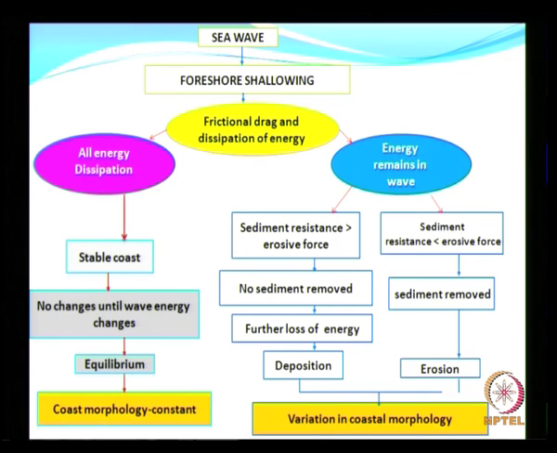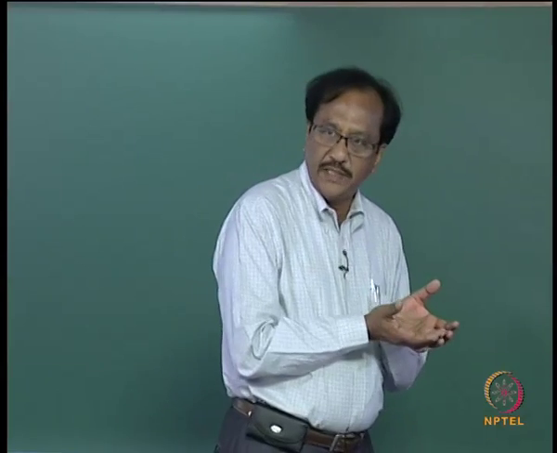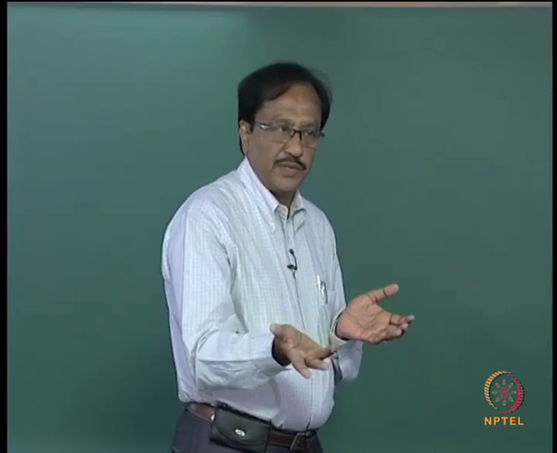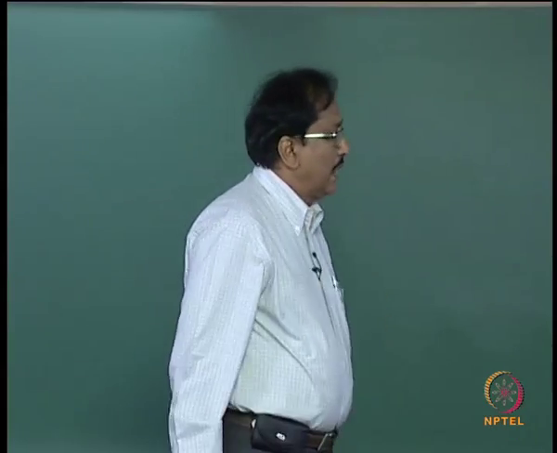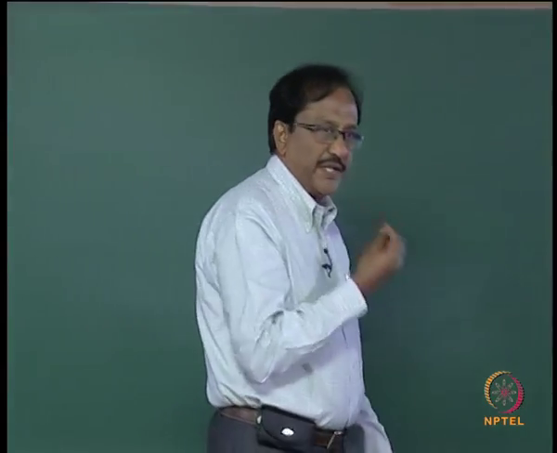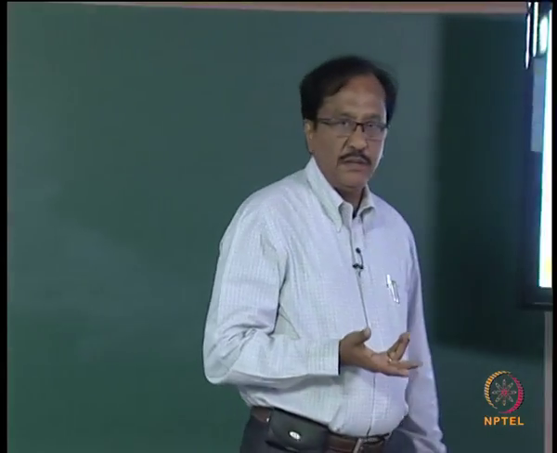The definitions of the foreshore, backshore, etc., we have already seen earlier. With this foreshore shallowing, you can have frictional drag because of the bottom depth contours, and also a certain amount of energy can be dissipated.